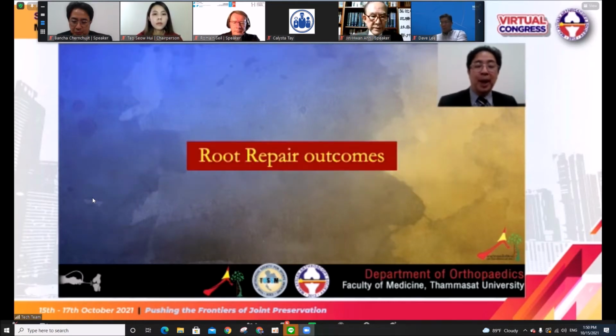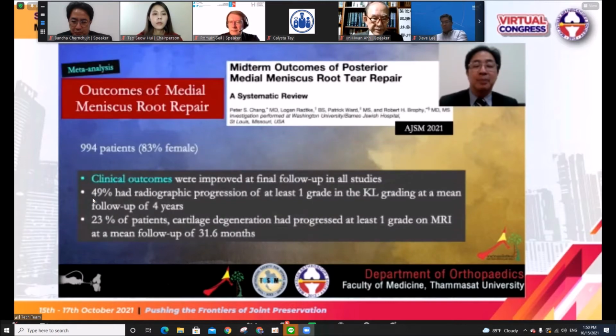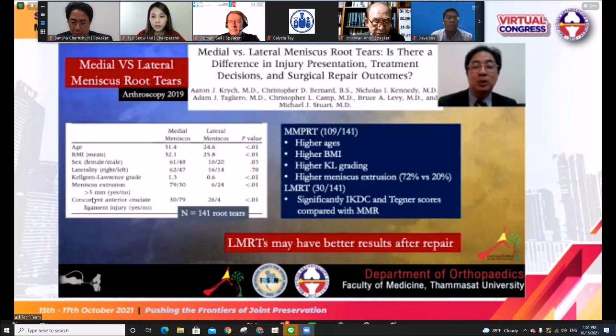How about the root repair outcome? The recent meta-analysis from American Journal of Sports Medicine 2021 of 994 meniscus root repair patients showed that clinical outcomes improved in all studies. However, 50% had X-ray progression of at least 1 grade of KL at 4 years follow-up. This 2019 paper compared the outcomes after medial and lateral meniscus root repair in 141 root tears.